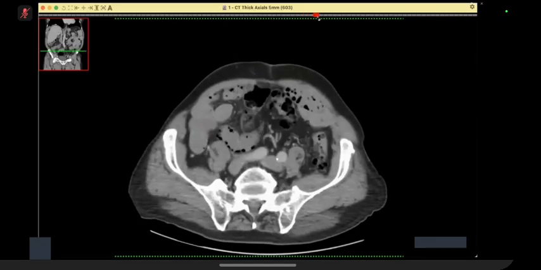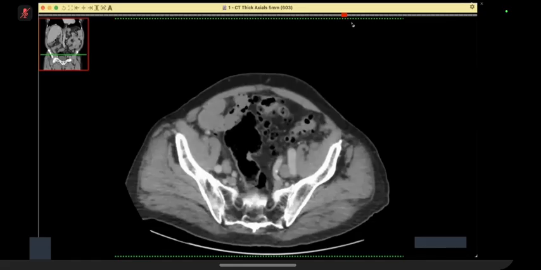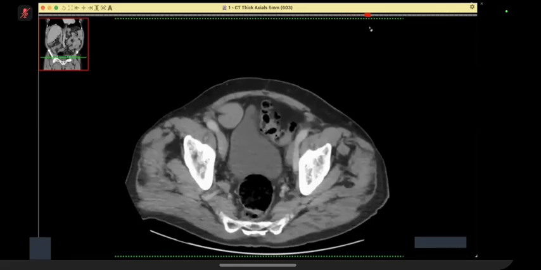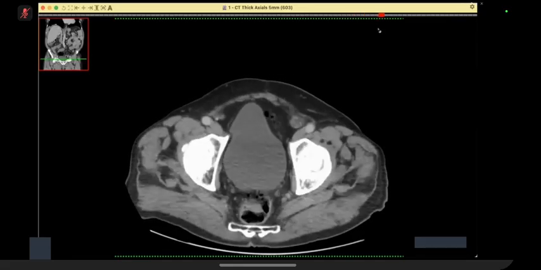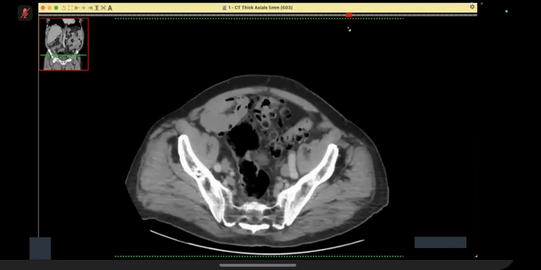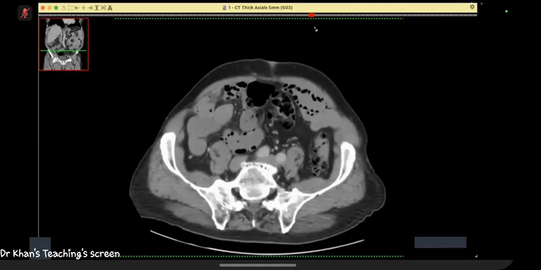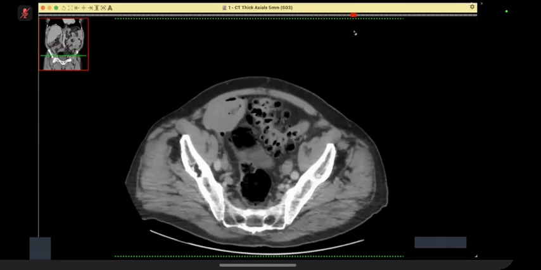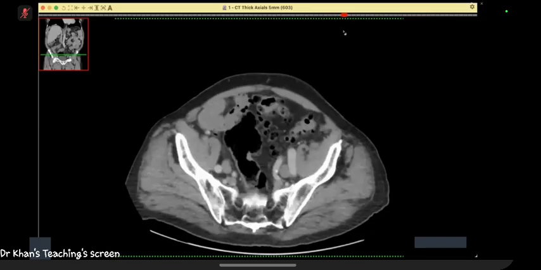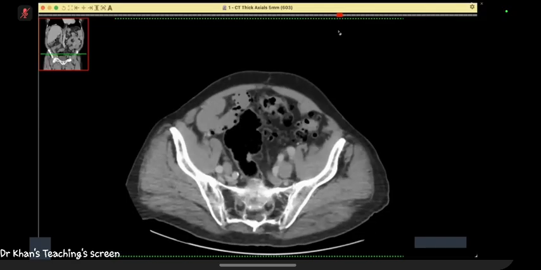In terms of the bowel pattern, I can see air in the rectum. There wasn't any gross small or large bowel dilatation, non-specific bowel gas pattern, but I'm going to carefully trace the bowel from the rectum upwards.